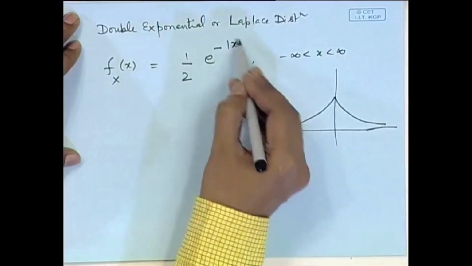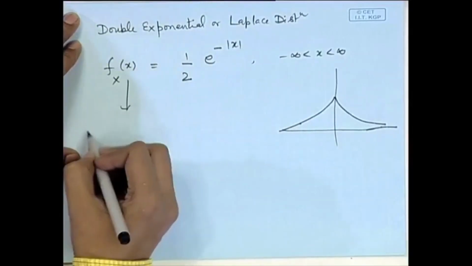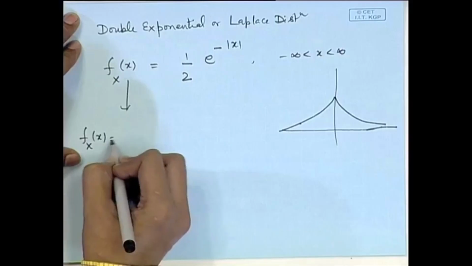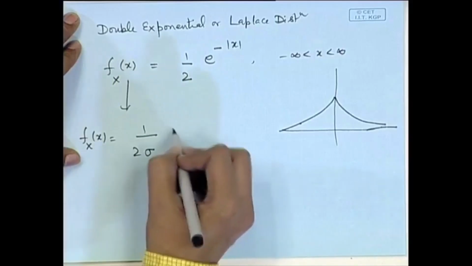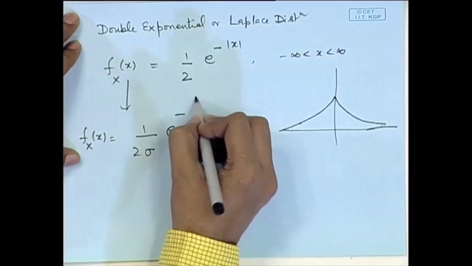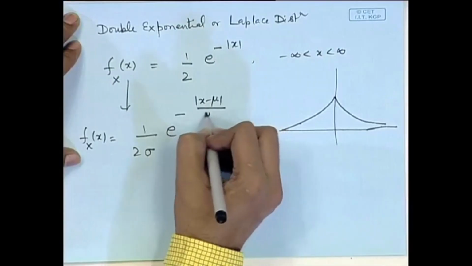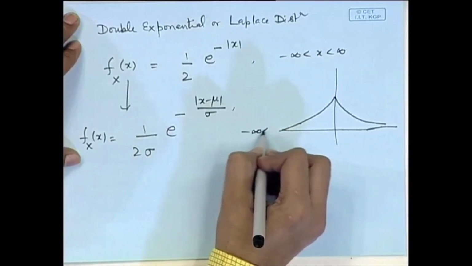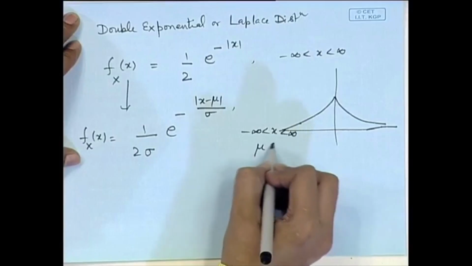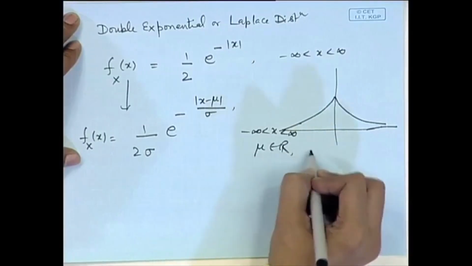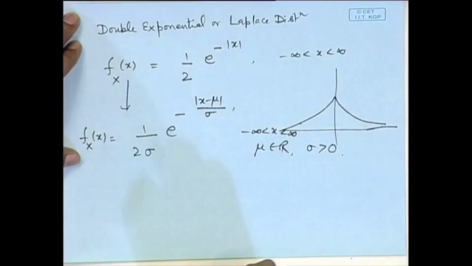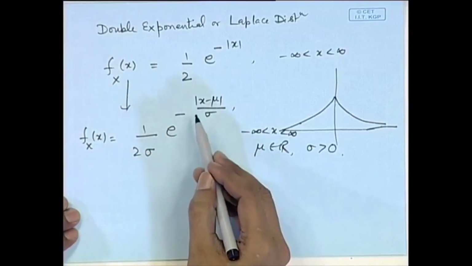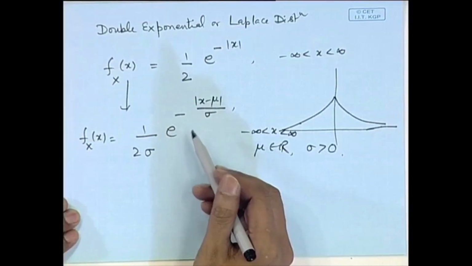Of course, we may introduce parameters here, we may consider 1 by 2 sigma e to the power minus |x minus mu| by sigma, where mu is real and sigma is a positive parameter. So, this is known as a double exponential distribution.